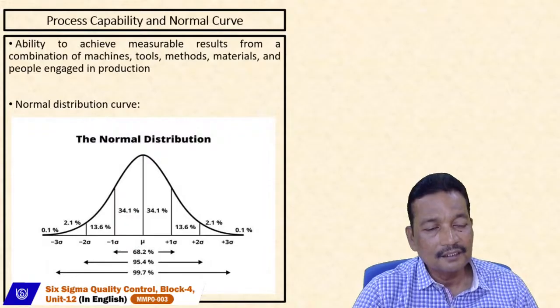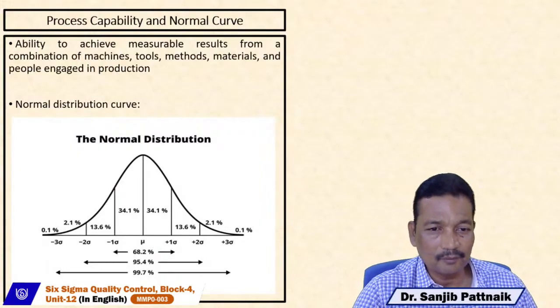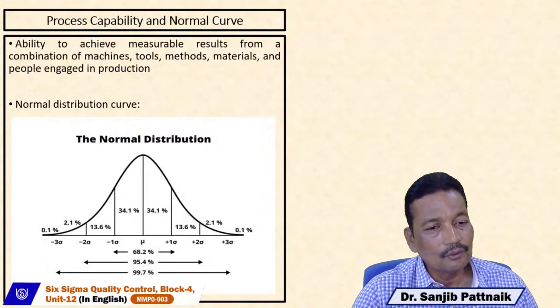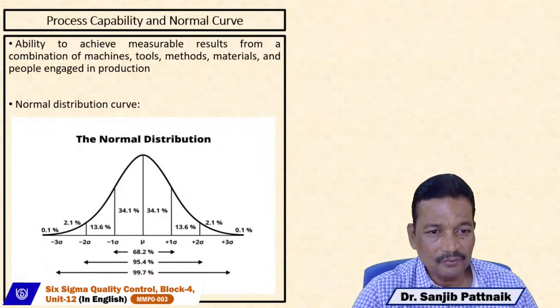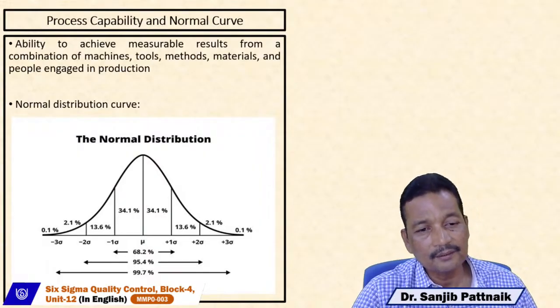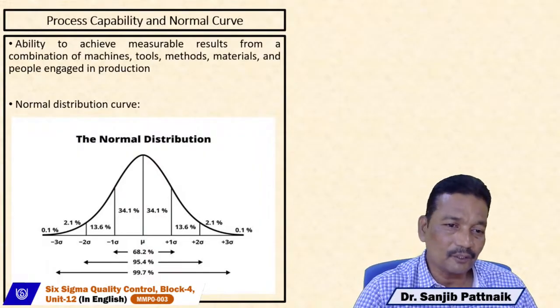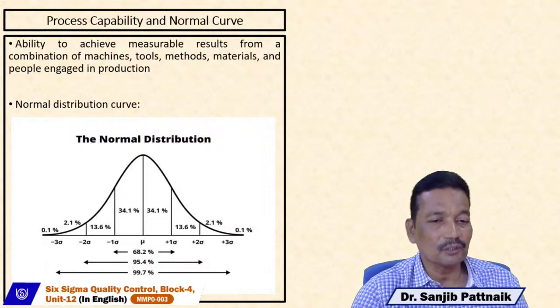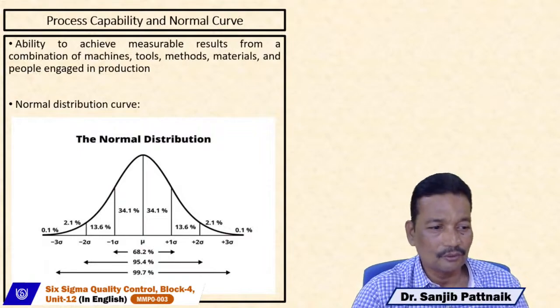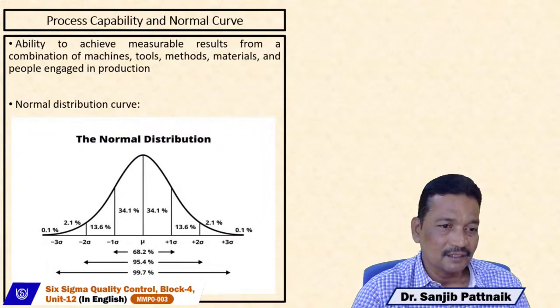Similarly, for 2 sigma, that means below 2 and above 2 on both sides, we can say 95.4% of the items will fall under these two boundaries.